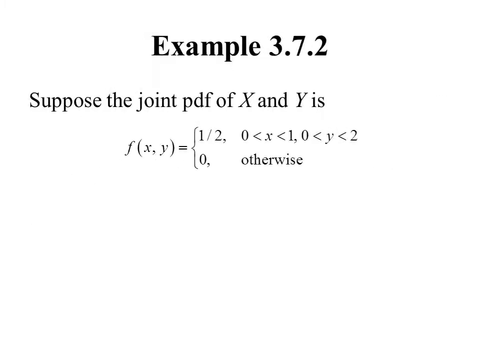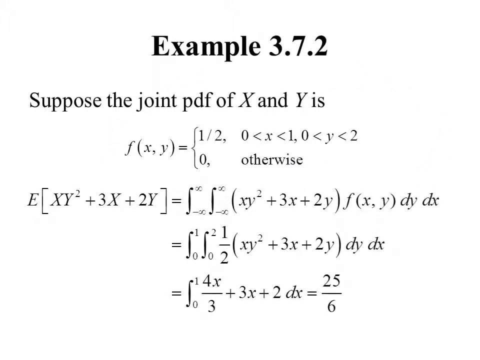So to illustrate this idea, suppose the joint PDF of two random variables x and y is given by this. Now we saw this joint PDF in the previous section. And suppose we want to calculate the expected value of this new random variable defined in this way. So our new random variable is equal to x times y squared plus 3x plus 2y.